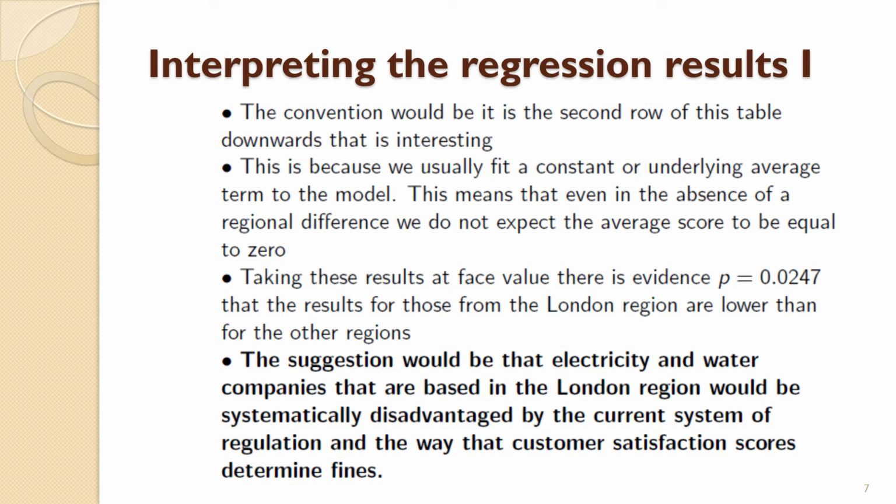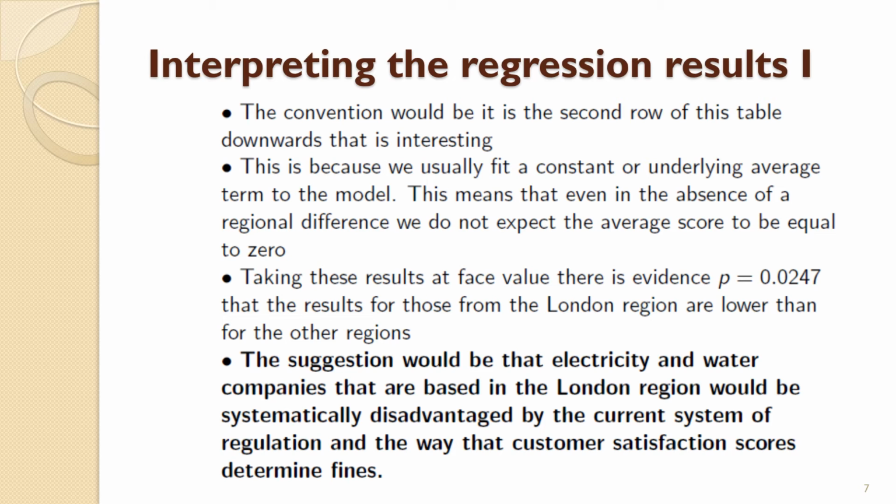Okay, so just to summarise all that then, interpreting these regression results, the convention would be, again, that it is the second row of this table downwards that is interesting. This is because you usually fit a constant or underlying average term to the model unless you've got special circumstances. This means that even in the absence of a regional difference, we don't expect the average score to be exactly equal to 0.